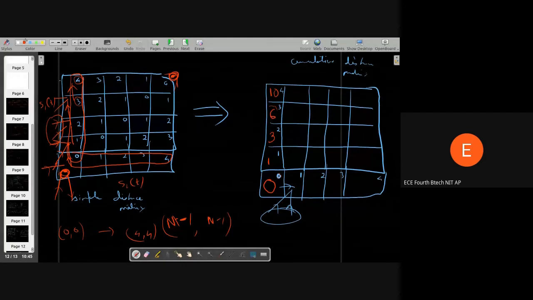Since only this part is available, 1 plus 0, 1. Again only this part is available. So 2 plus 1, 3. So again 3 plus 3, 6. 4 plus 6, 10. So first row, first column of the cumulative distance matrix we have calculated.